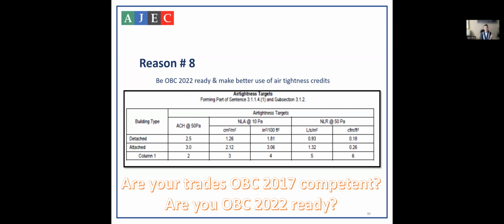And this is why it's a good idea to start getting trades and manufacturers and also designers to enforce air tightness testing. This will get you ready and get you lots of compliance bonus points when you do building code upgrades. So this is really, really something that I push for.